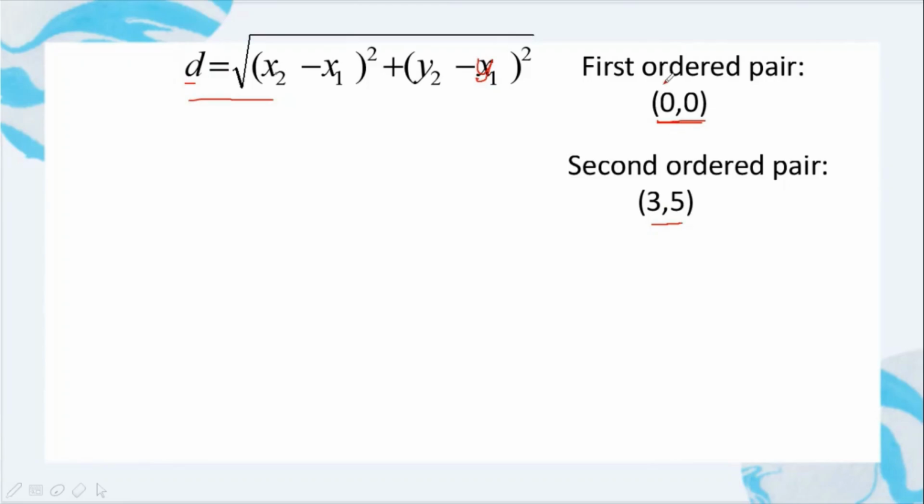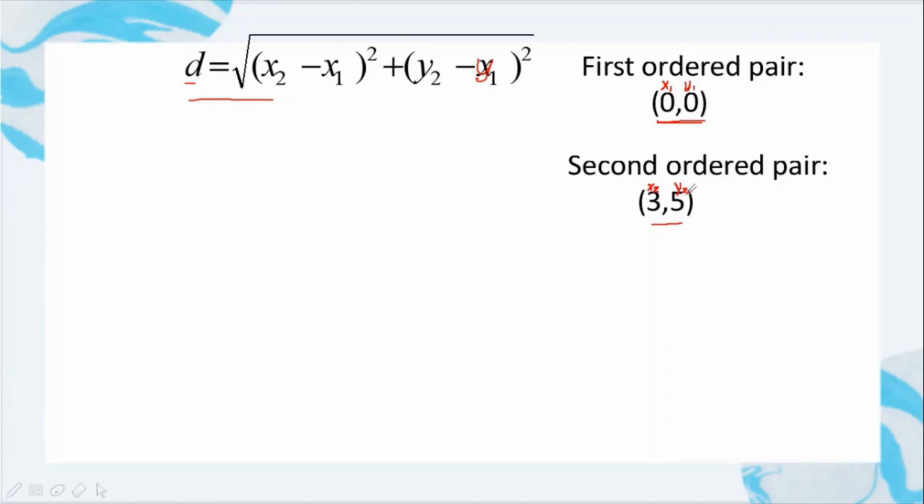Now, to easily find the x sub 2, x sub 1, just put x sub 2, x sub 1, or y sub 2, y sub 1 in the given ordered pair. Okay? So since this is the first ordered pair, this is the x sub 1, and this is the y sub 1. Then for the second pair, we have x sub 2 and y sub 2. Okay?